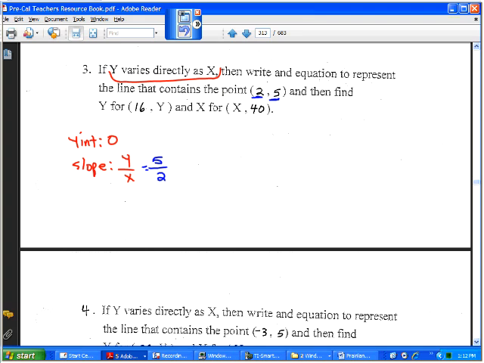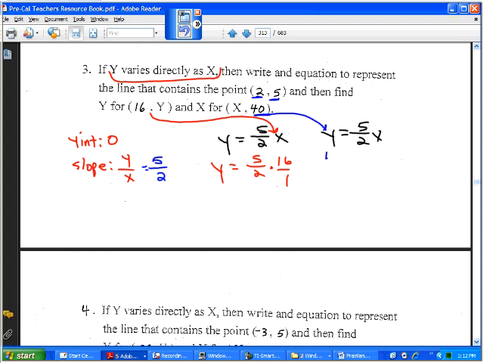So my equation is y equals 5 over 2x, which I'm going to write down twice because it gave me 2 plugins. It wants me to find the y that goes with an x of 16. And it wants me to find an x that goes with the y of 40.